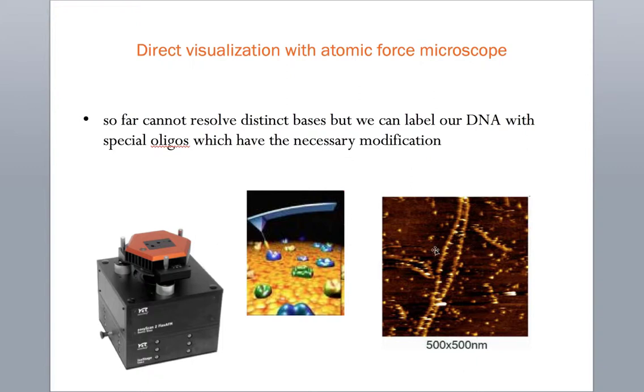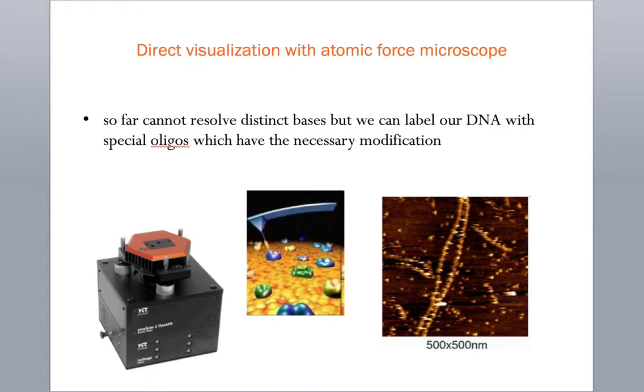Right now, the resolution is very close to being able to see the DNA bases, the nucleotides. So again, the technique still needs some modification, but if we were able to visualize the DNA with a special camera, we could do very fast sequencing.